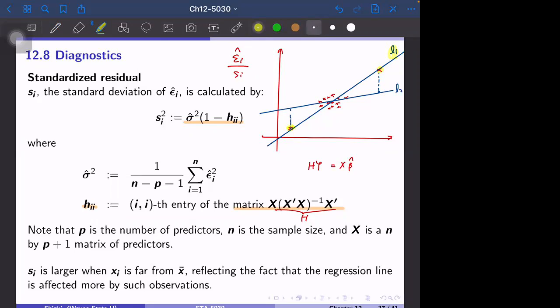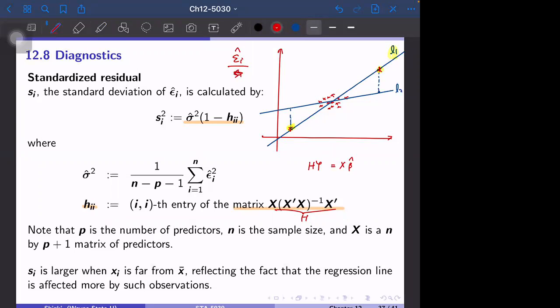That means the residuals for these two points are artificially low, because these observations affect the regression line itself. It makes the residuals for these two points smaller. You can see the vertical distance between L1 and these observations is really small. So in such a case, we have to account for that fact.